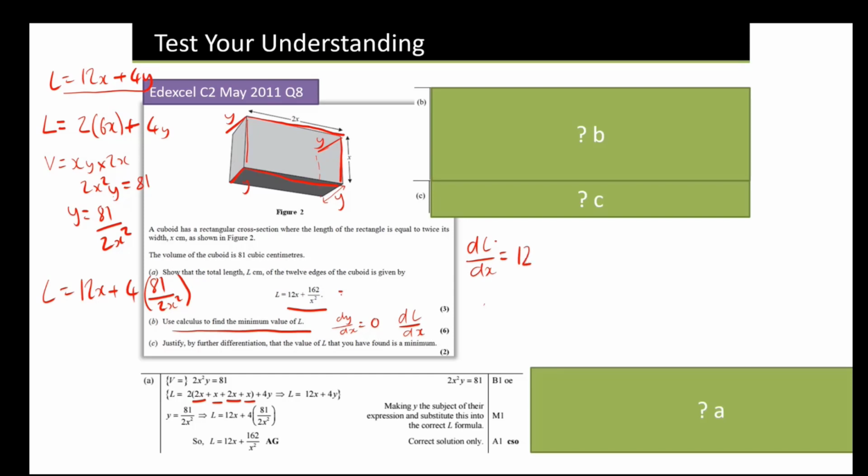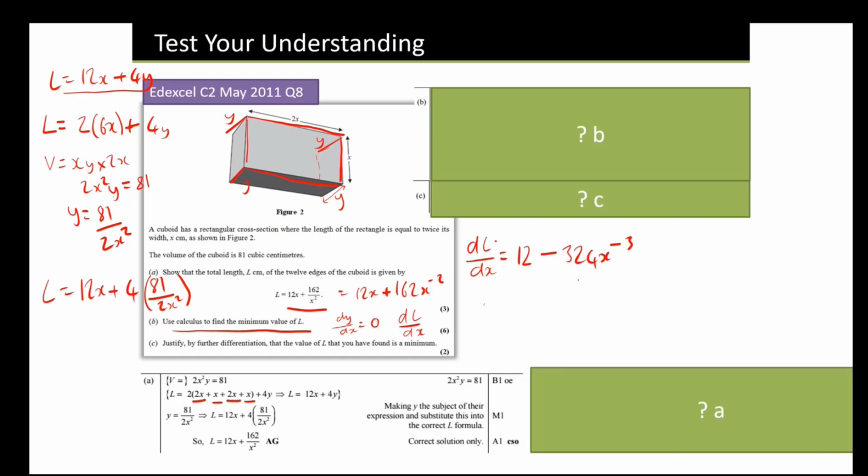Now I'm going to rewrite this here as 12x plus 162x to the minus 2. So it's going to be 12 minus 2 times 162 is 324, x to the minus 3, I believe.